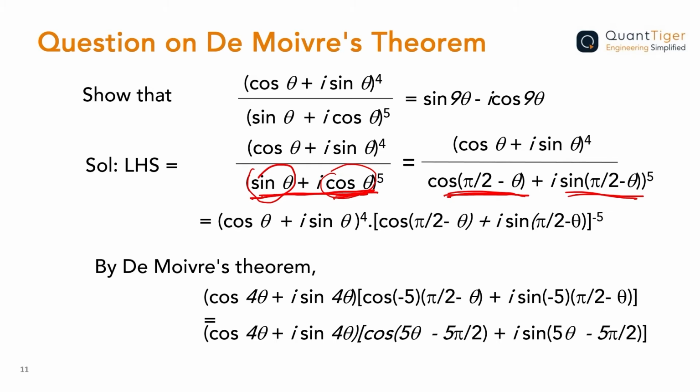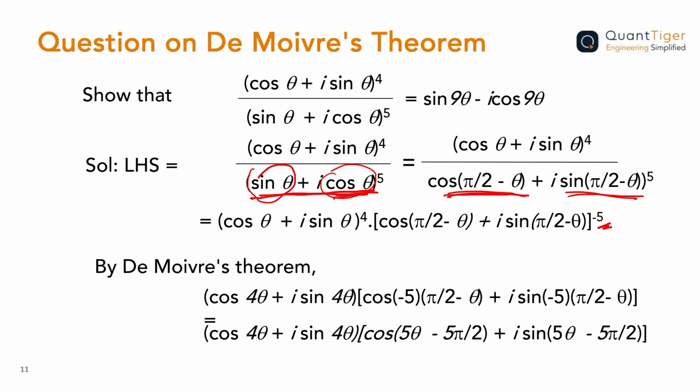Now after that we have just simplified it. This whole denominator I wrote in negative power form. Instead of writing in fractional form, I took it to the numerator, and the 5 has become -5. Now it looks like the format where I can apply de Moivre's theorem.